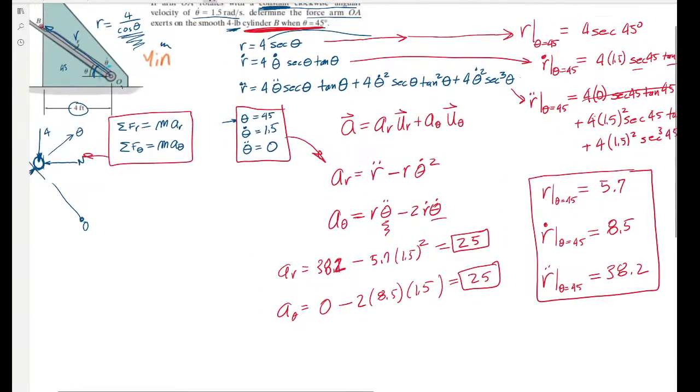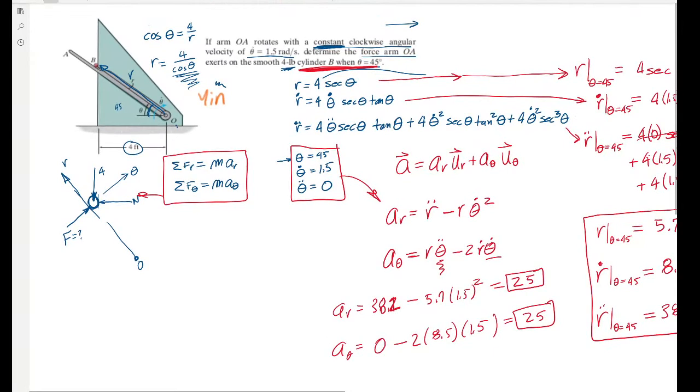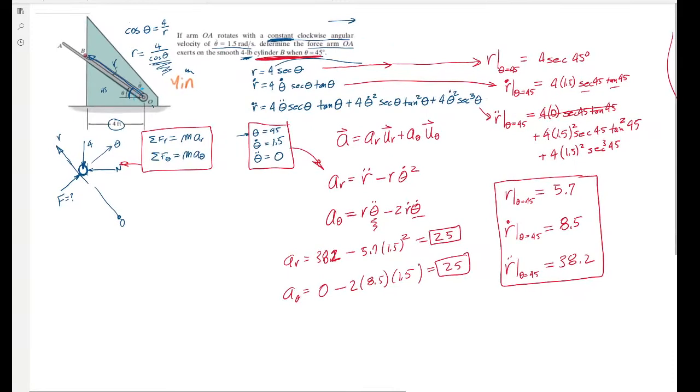Well, let's think about that for a minute. Yeah, that makes sense. Okay, so the ball itself can only go up and down this incline. So it can technically only accelerate up and down this incline. So that means whatever value is here is going to be here. I think that's bizarre. It's a bizarre problem.